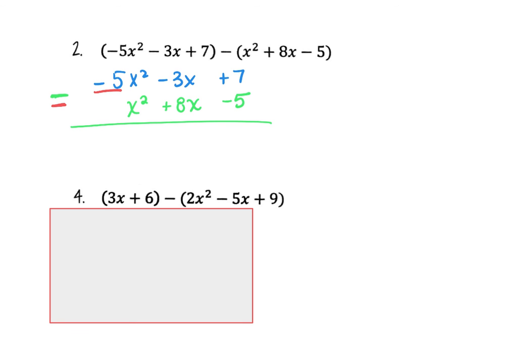All right, so subtraction's a little tricky here. Negative 5x minus 1, that is negative 6x. Negative 3 minus 8 is negative 11x. 7 minus a negative 5. What happens there? They add.